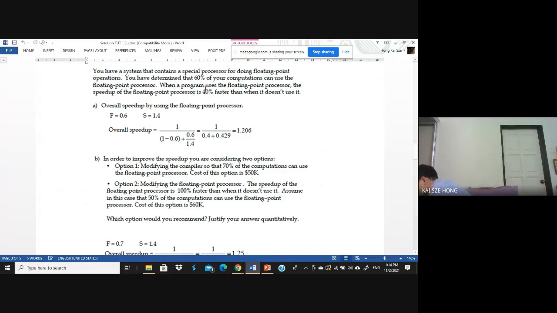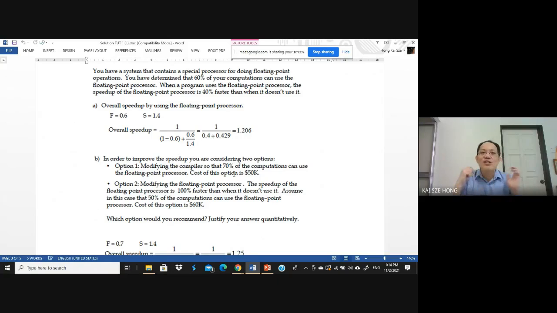So as a result, you can have more portions that can be enhanced, right? From the 60% to the 70%. But the cost of this option, because you need to hire a very good compiler writer, so the compiler has to be designed right, will cost you $50,000.